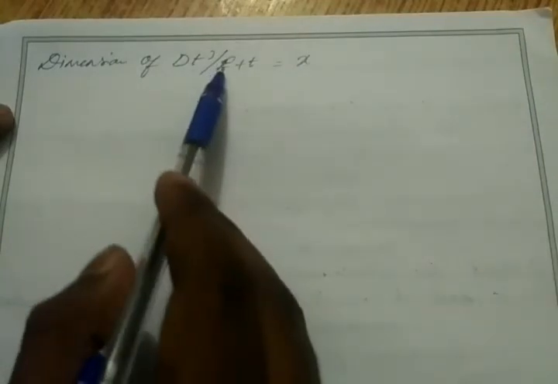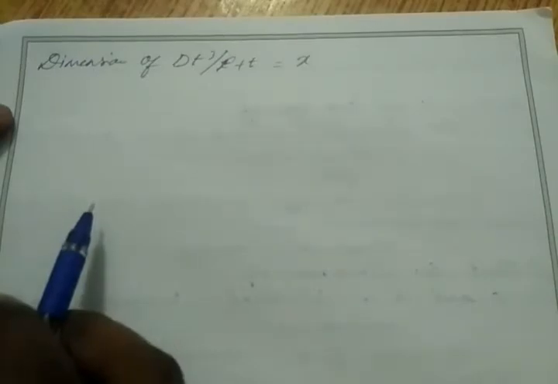In this equation we have both values D and E that we are supposed to find. Okay, so how to solve this? The dimension of DT cube divided by E plus T equal to x. So here the E value we have to find. So we simply take DT cube divided by T equal to x. Okay, so I write it DT cube divided by T equal to x.